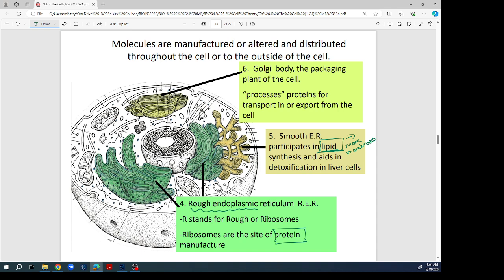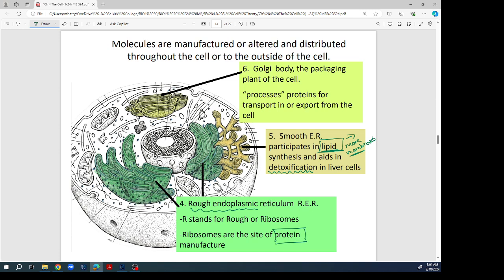Now, different cells in your body have different specialties, and in the textbook it does say that liver cells have a lot of smooth endoplasmic reticulum because they're key in the function of detoxification. So it helps in that process, but generally, they do make more lipids in all cells of your body.